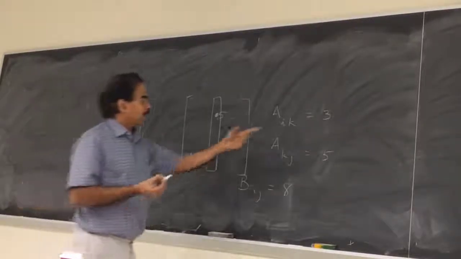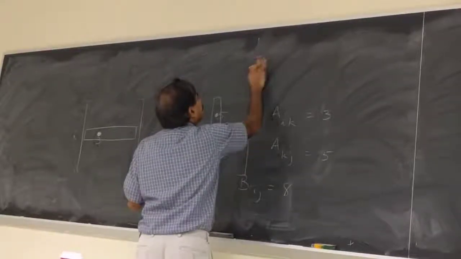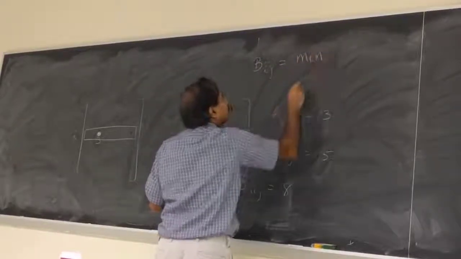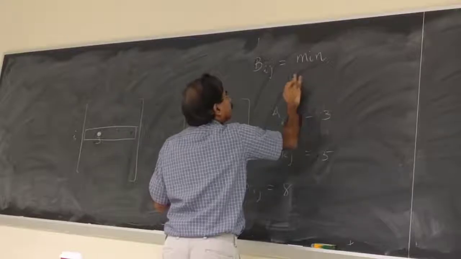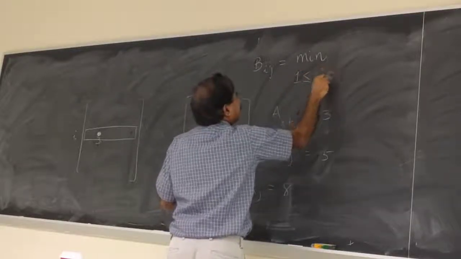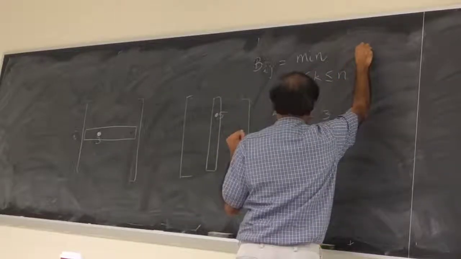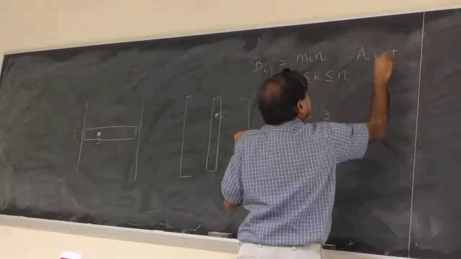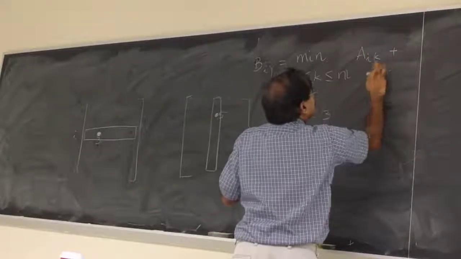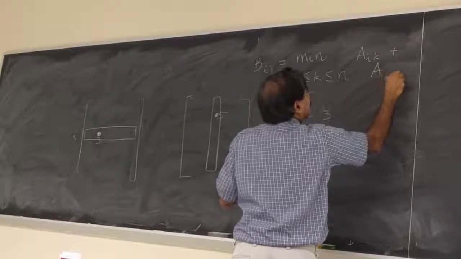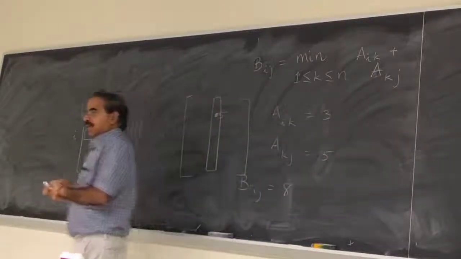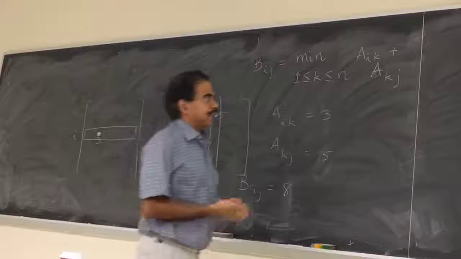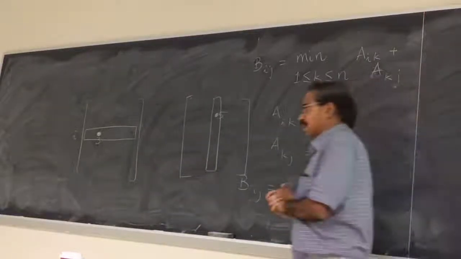So bij will be the minimum over 1 less than or equal to k less than or equal to n of aik plus akj. If you define it that way, then just by redefining the basic matrix operations, you can compute the shortest path in the graph.